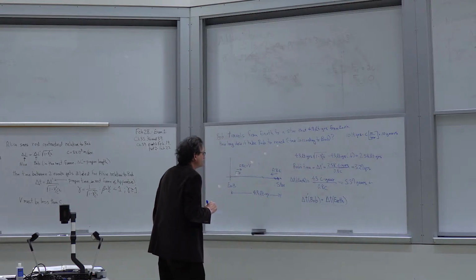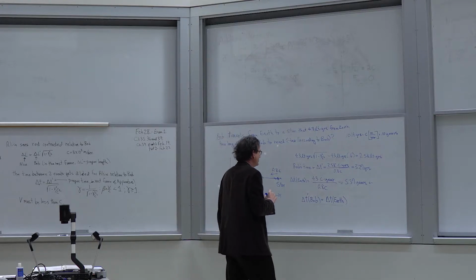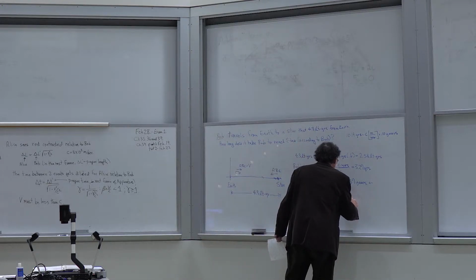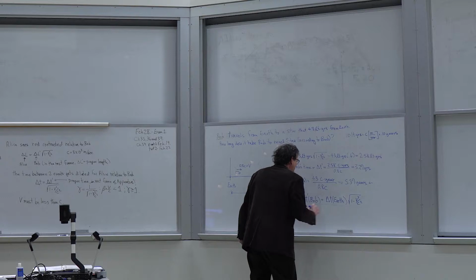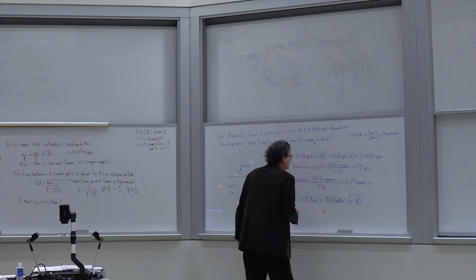And now I want to multiply this by the square root of 1 minus v squared over c squared, and this will give me another way of calculating Bob's time for the trip.